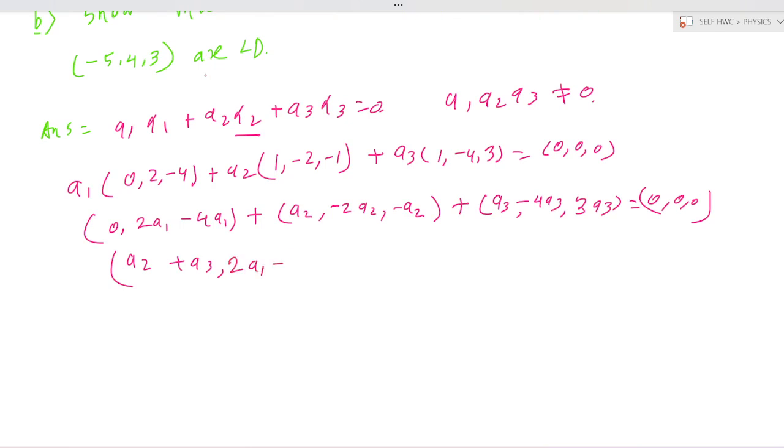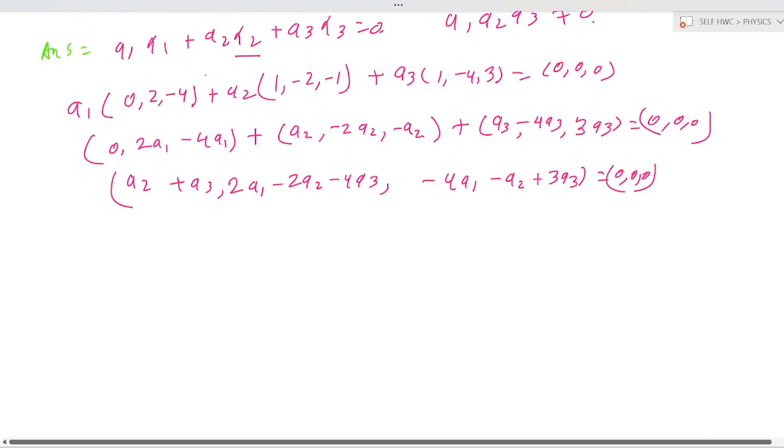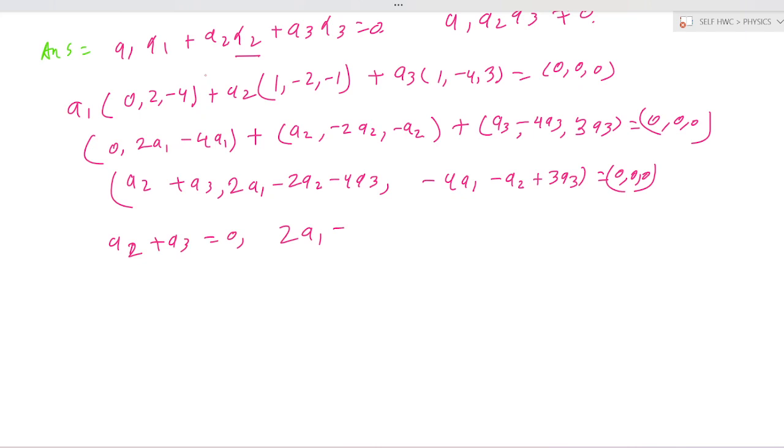Next 2a1 minus 2a2 minus 4a3, and next minus 4a1 minus a2 plus 3a3 is equal to (0, 0, 0). Next you compare left hand side to right hand side. So a2 plus a3 is equal to 0, 2a1 minus 2a2 minus 4a3 is equal to 0. Okay. And next minus 4a1 minus a2 plus 3a3 is equal to 0.